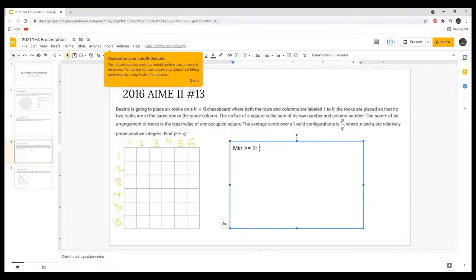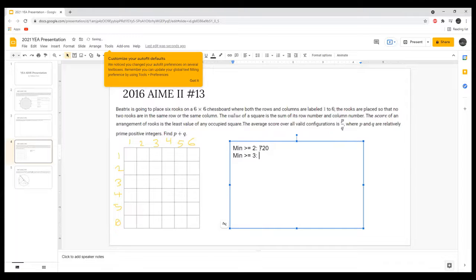So there are 720 configurations for a minimum of at least 2. So now let's go to this. Well, yes, you're right, and I'll just show how that works. So then, well, I'll do an easier way for 3.